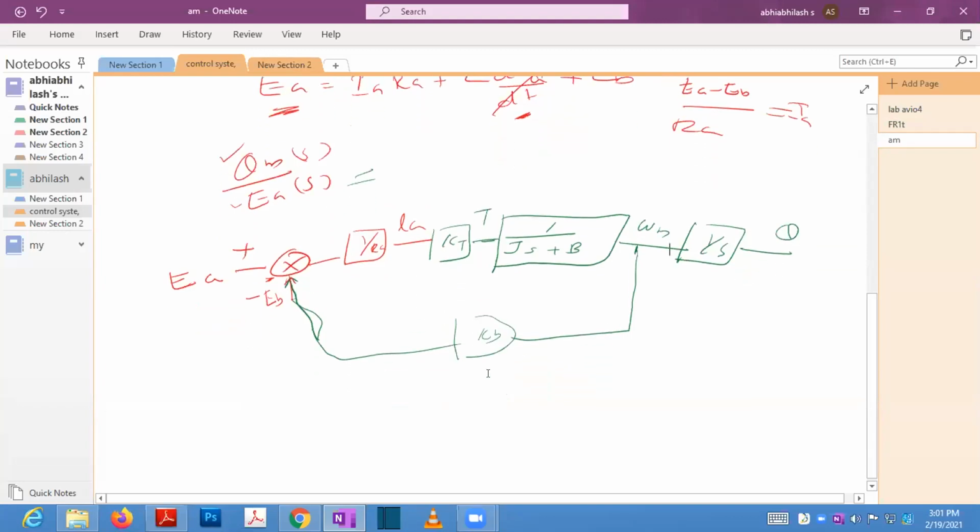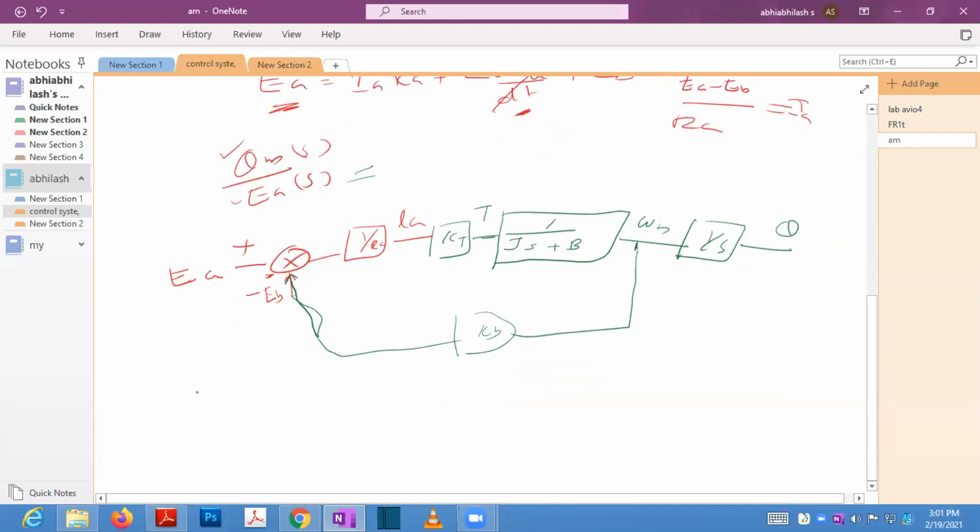Actually, feedback means we are sensing something and sending it back to a comparator. This is the actual sense of feedback, but in a motor, this is not feedback.